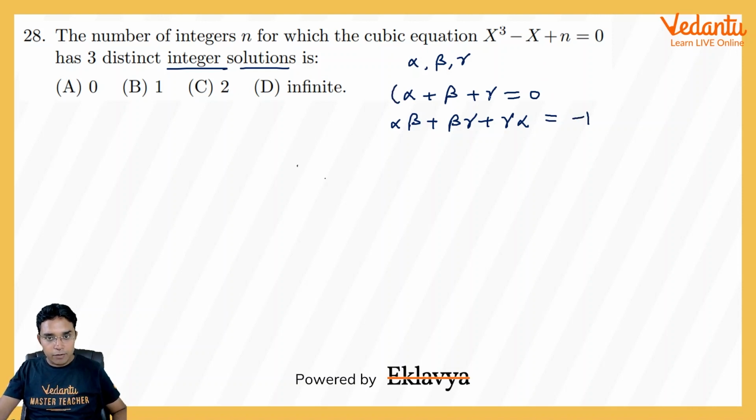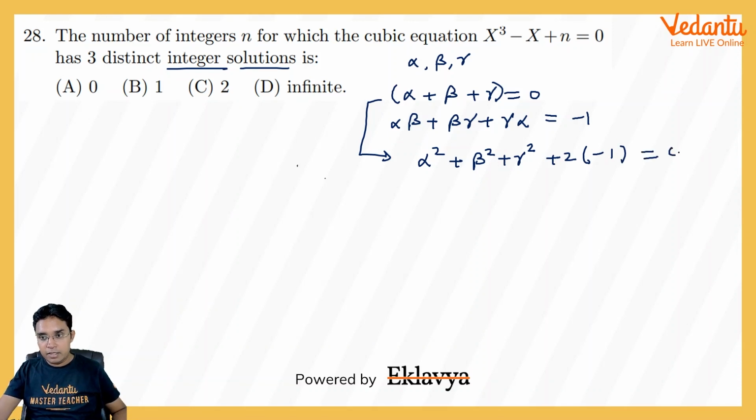Now, if I do the squaring of this thing, I will be getting alpha square plus beta square plus gamma square plus 2 times alpha beta plus beta gamma plus gamma alpha. I can write this as minus 1, and this will be equal to 0.